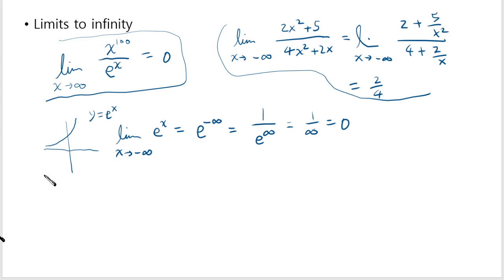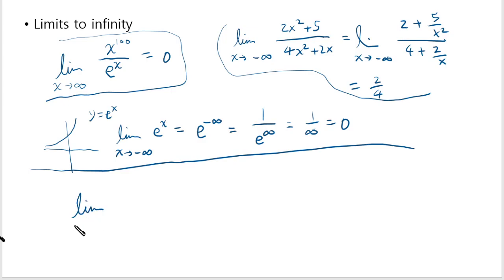Finally, another type of limit for exponential functions that I want you to know is the limit as x goes to infinity when you have mixes of exponential functions and polynomials. Let's say you have 3e to the 2x minus e to the x plus x, divided by 5e to the 2x plus 5e to the x minus 1.